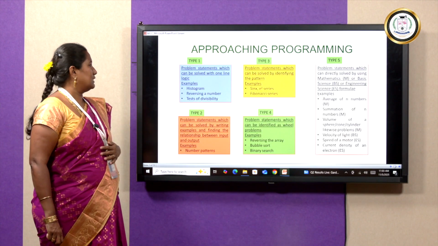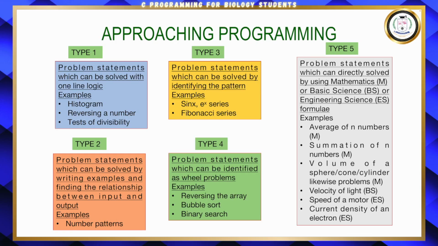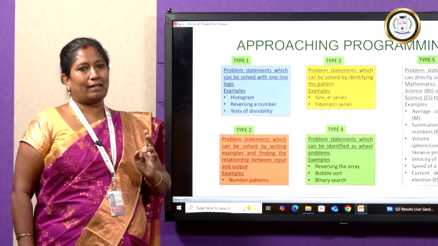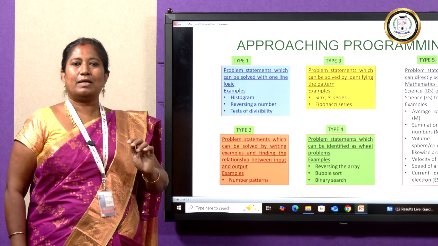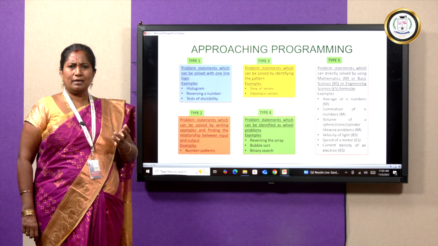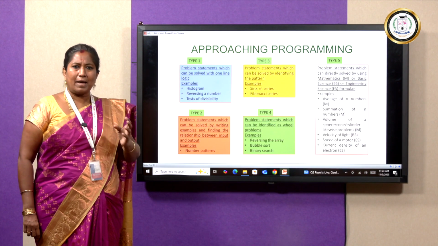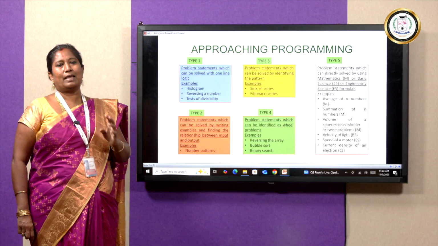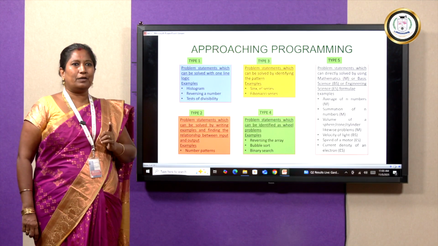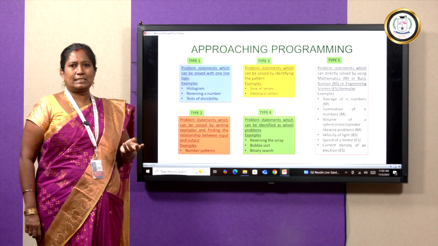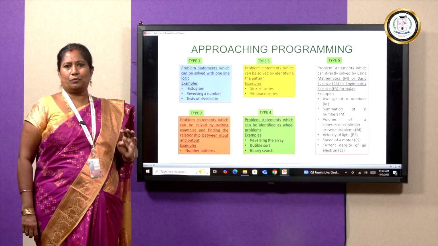And last, the very easiest thing is the type 5 program where you can convert the problem statement directly into maths. For example, if I ask you to find the average of two numbers, you need not think you are writing a C program, but normally in maths, if your maths teacher is asking you to find the average of two numbers, then what will you do? Oh fine, I have studied the formula for average of two numbers and it is basically total divided by 2, right?